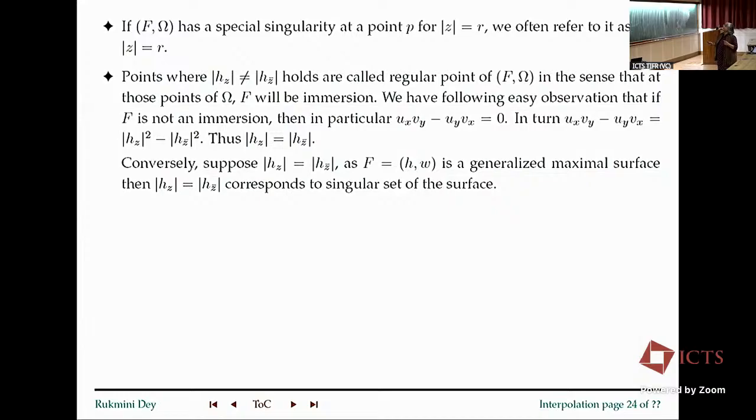And points where mod h_z is not equal to mod h_z bar holds, these are called regular points. And at these points, f will be an immersion. And if f is not an immersion, then in particular this is 0, which will mean mod h_z is equal to mod h_z bar. And this is a generalized minimal surface. Then this corresponds to the singular set.